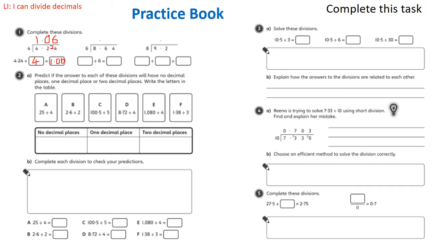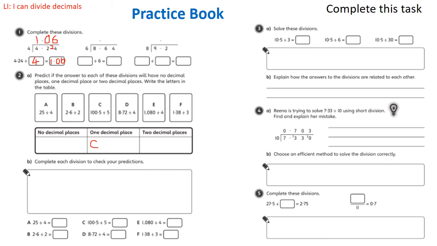So all you have to do is, if you think that C, for example, will be to 1 decimal point, you will write C in there. If you think it's 2 decimal points, you will write it in there, or no decimal points, you will write it in there.